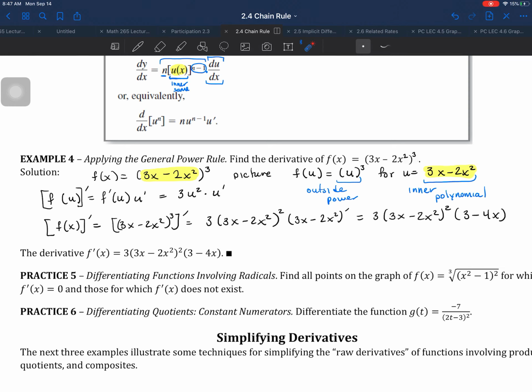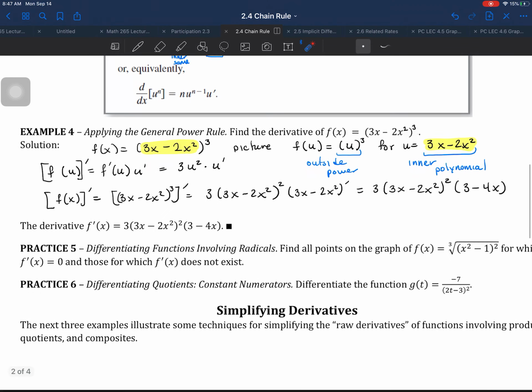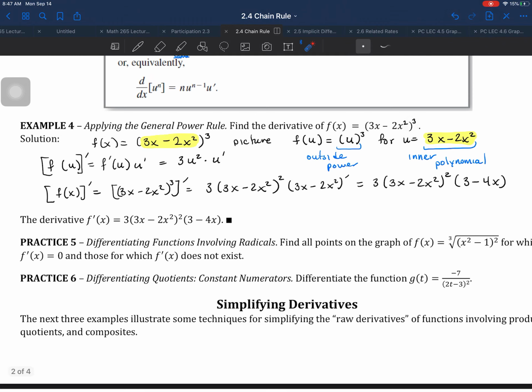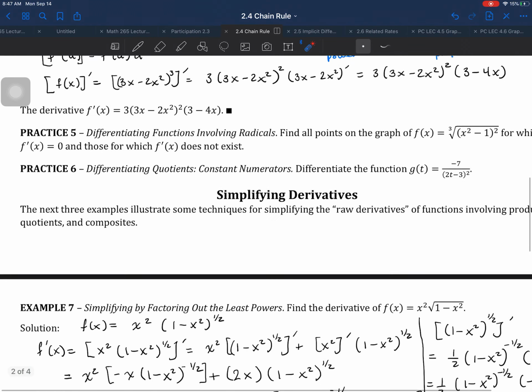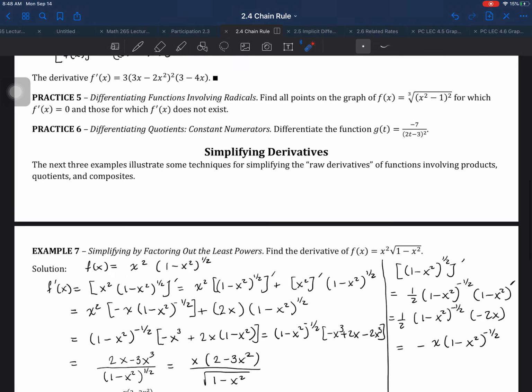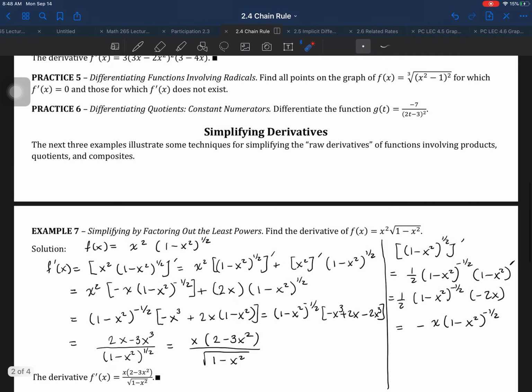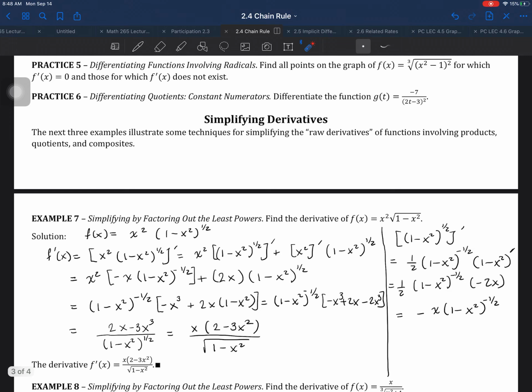But a lot of times this can be very complicated or time consuming if you simplify the expression first. And there are some examples where you can't algebraically simplify it. You actually have to use chain rule. So it is something that we must learn in this class. There's no way around it, just like product rule and quotient rule are also rules that you can't go around.